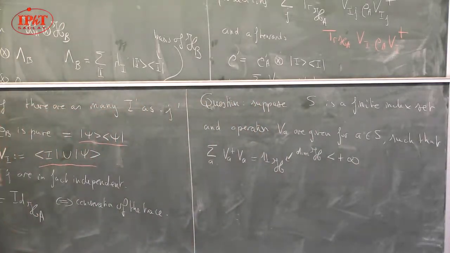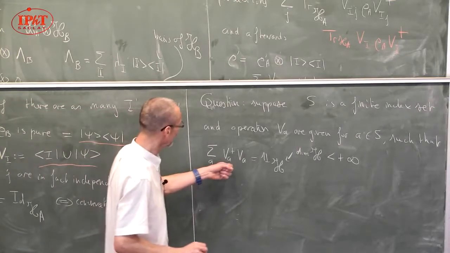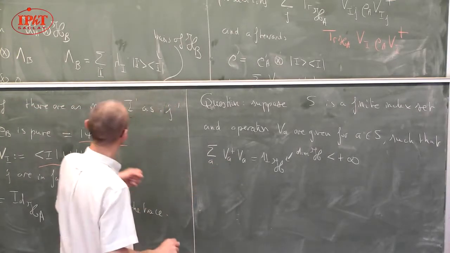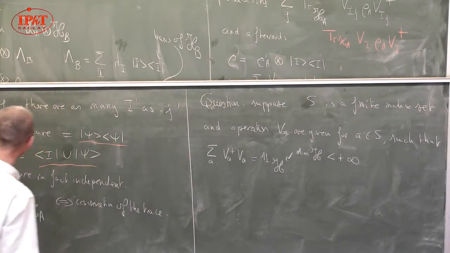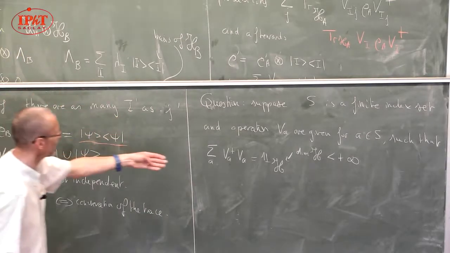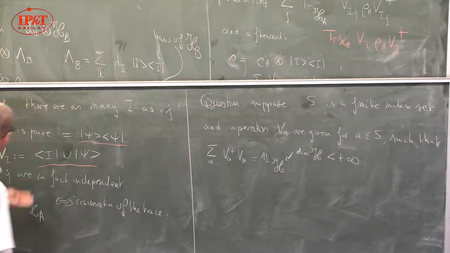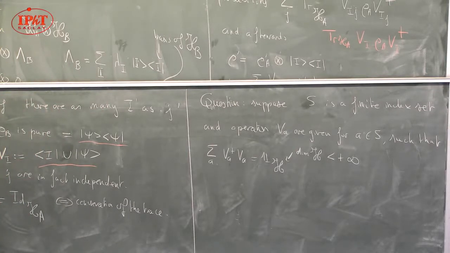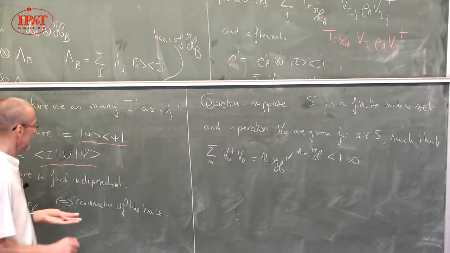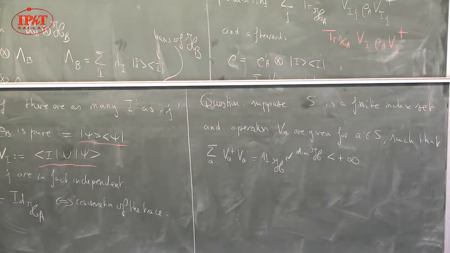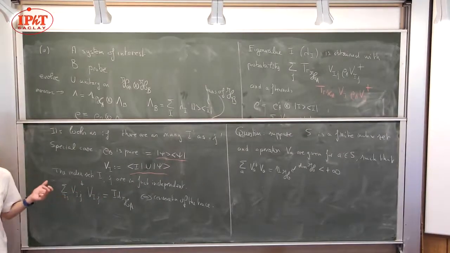And then the question is: is there a way to construct a probe Hilbert space for which the V_a's that appear here are exactly given by such a construction? So we wonder whether we can, by this procedure, achieve any solution to this equation.